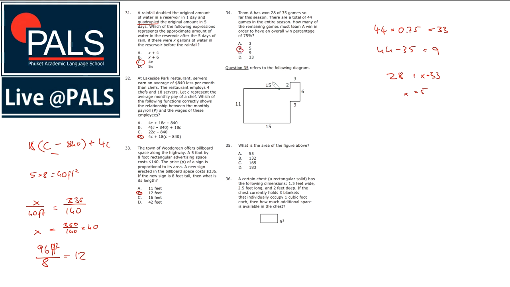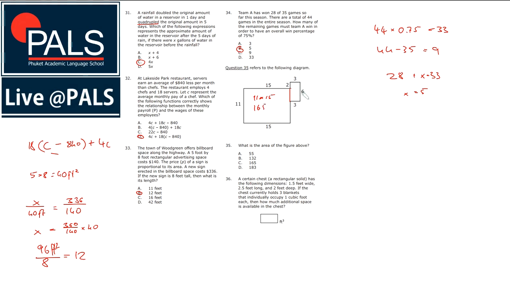Question 35 refers to the following diagram. What is the area of the figure above? Area of the figure above. So we can split this simply into different shapes like this. So this one is easy. 11 times 15, that is 165.